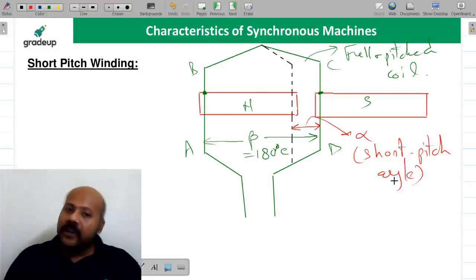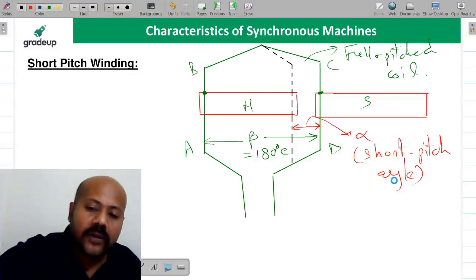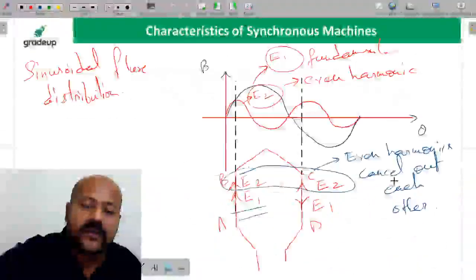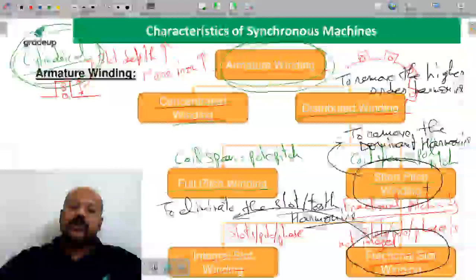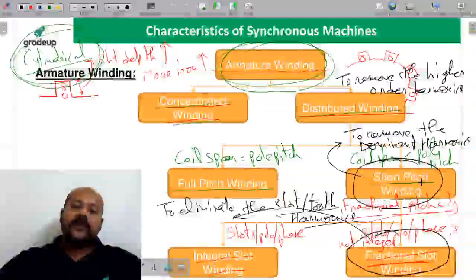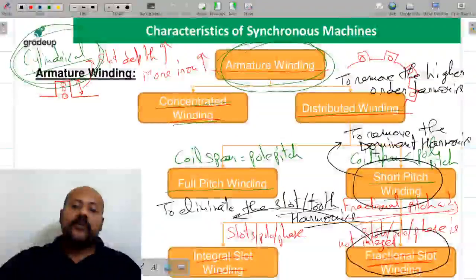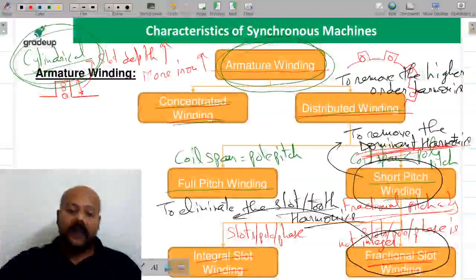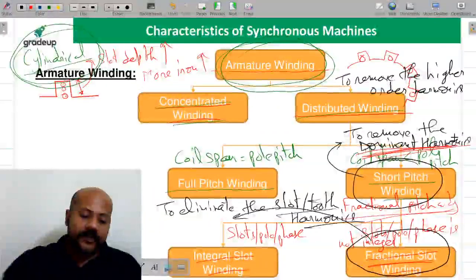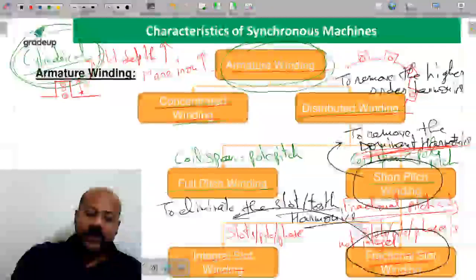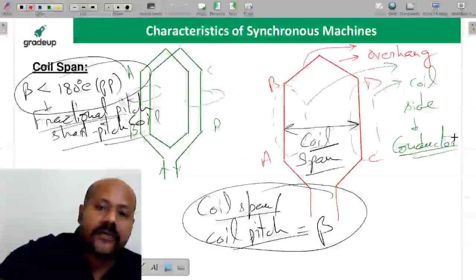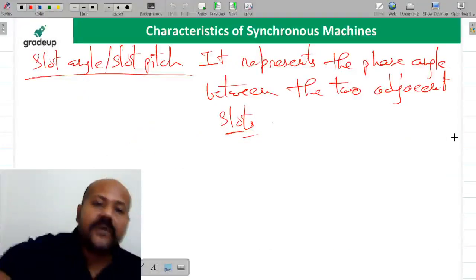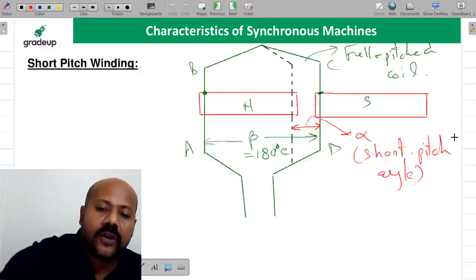Now, why are we going to do this? Go to the first slide. Don't forget this, it is very, very important. Why were we using the short pitch winding? We were using the short pitch winding to remove the dominant harmonics. Yes, Raghuveer beta, you are right. To remove the dominant harmonics, we have the short pitch coil.